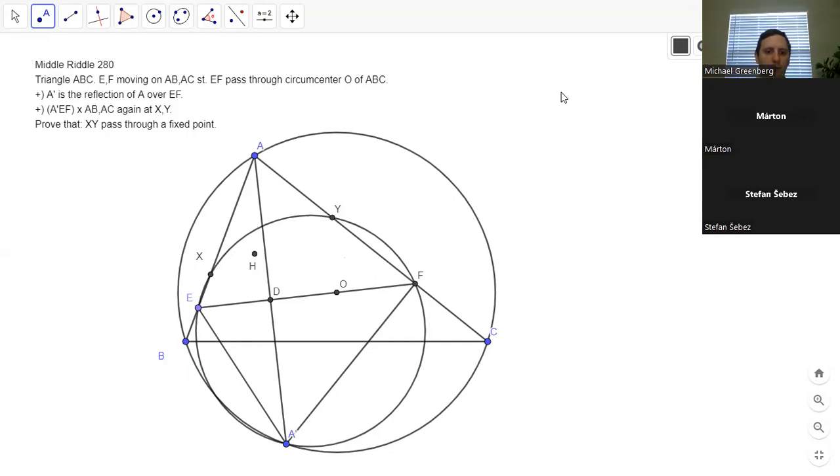That's another way to say it. So I guess another way to say it is we want to show XY over EF is AH over AO.